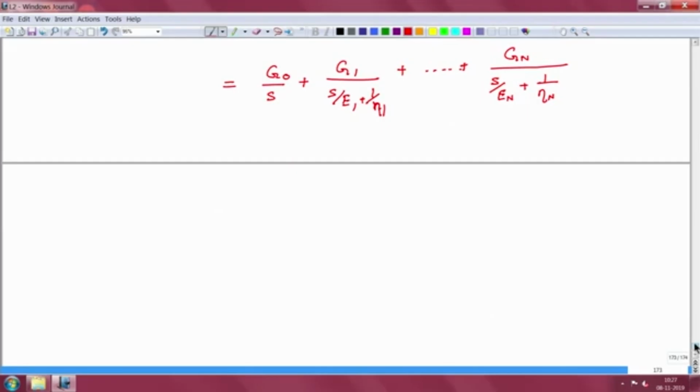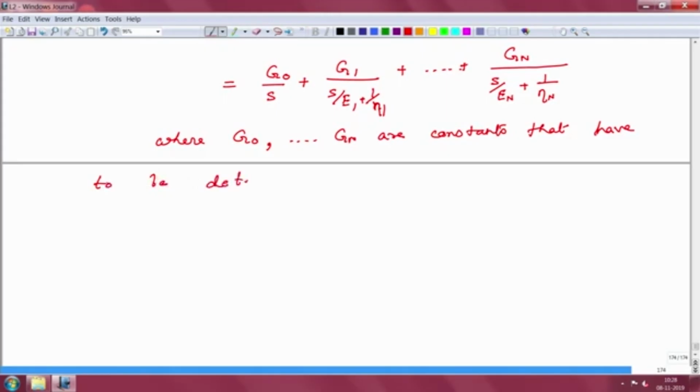So, we have n plus 1 constants, where these are all new constants that we have introduced. So, g naught all the way till g n are constants that have to be determined.